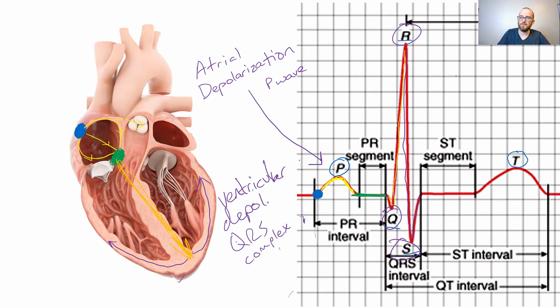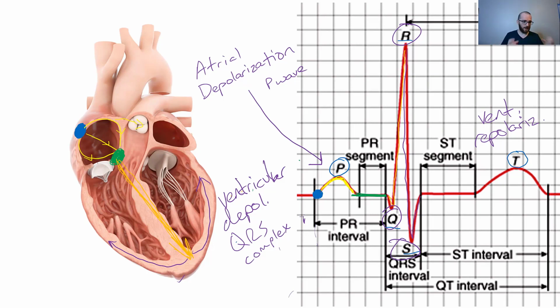And then the T wave over here, that slightly bigger bump after the big spike, the T wave is the ventricles recharging or repolarization. So ventricular repolarization. And so we see that electrical shift as those ventricles, just because they're much, much larger than the atria, are recharging or repolarizing.